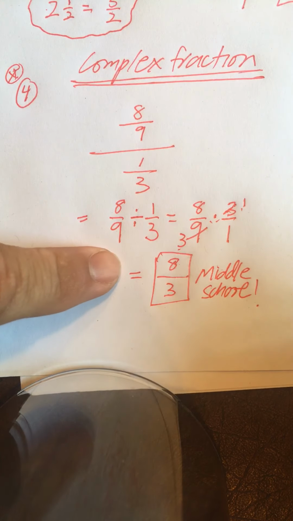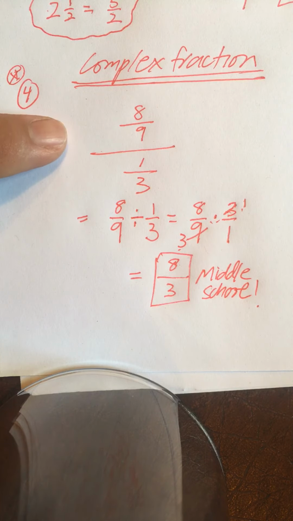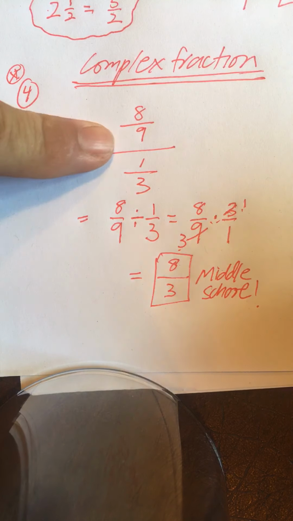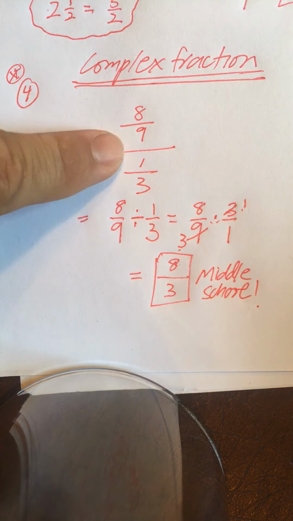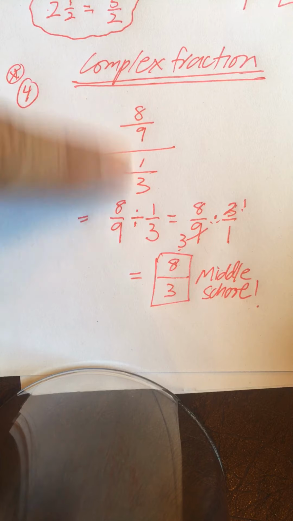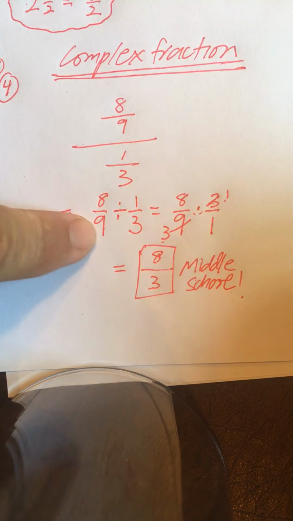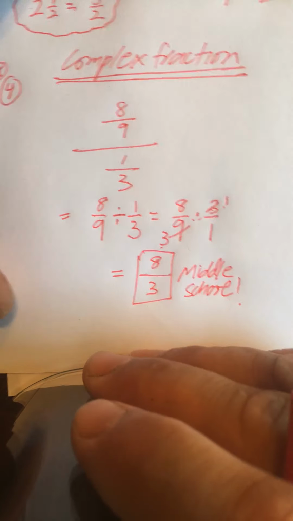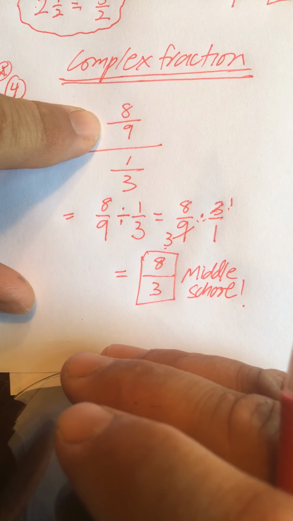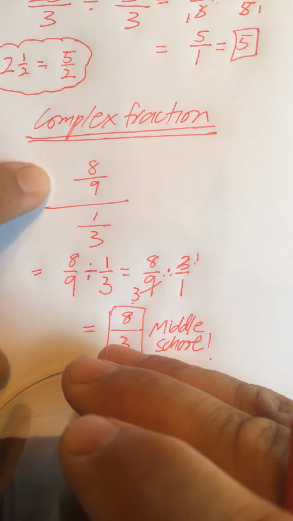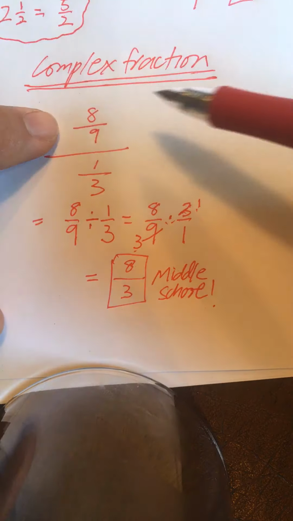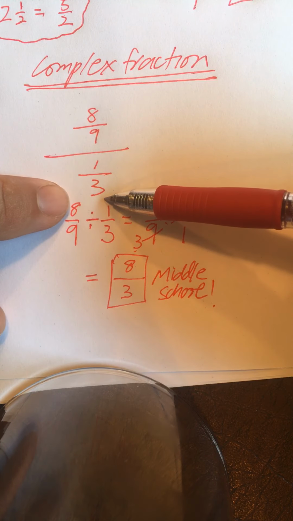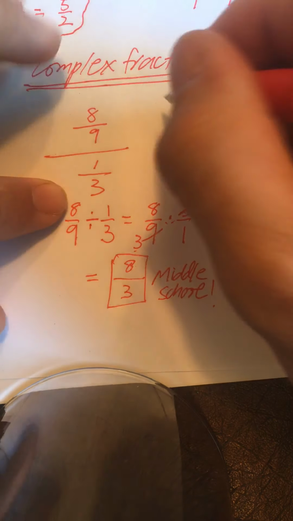Okay, what I want to show you is a little bit more of an advanced way, because these complex fractions are going to grow with complexity. All right, they're not just going to be this simple, and you might struggle doing it this way. Okay, but a much more efficient way, a quicker way of doing this is we're going to take these two fractions, 8/9 and 1/3, and we're going to find the lowest common denominator.